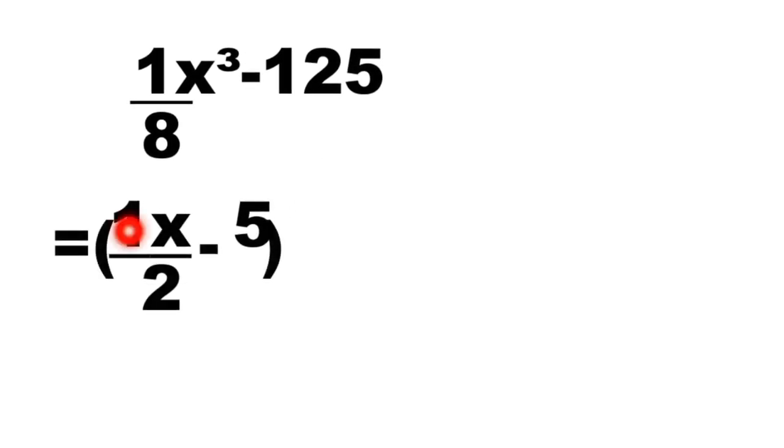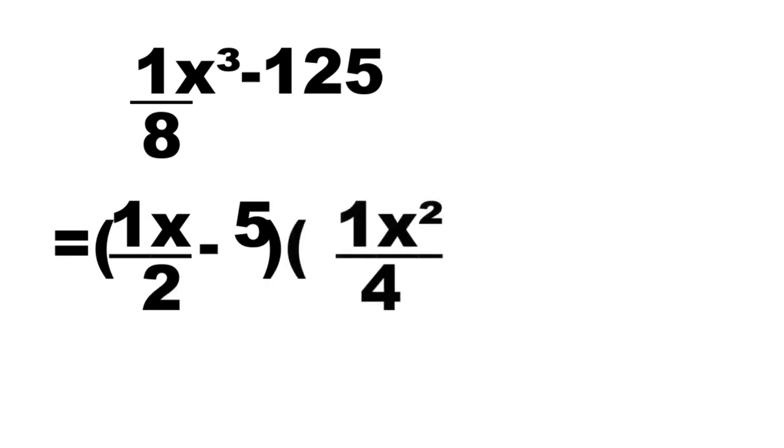So we have here 1/2 x minus 5. This is minus and this is minus. Then you have to square this one for the trinomial factor. The square of 1/2 x is 1/4 x squared.